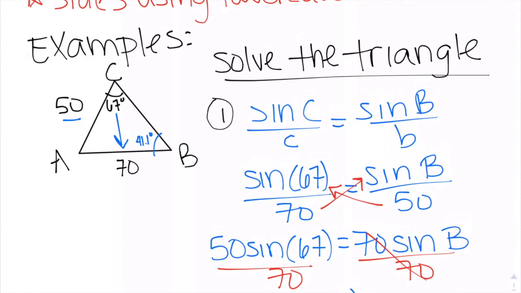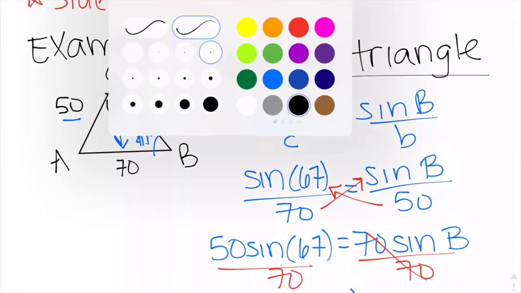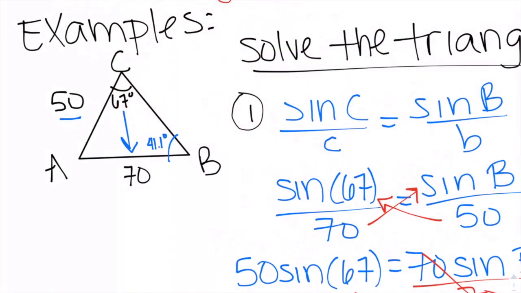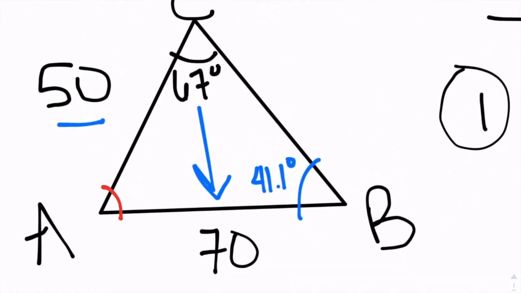And so we're going to come up here and we're going to label angle A as 71.9 degrees.